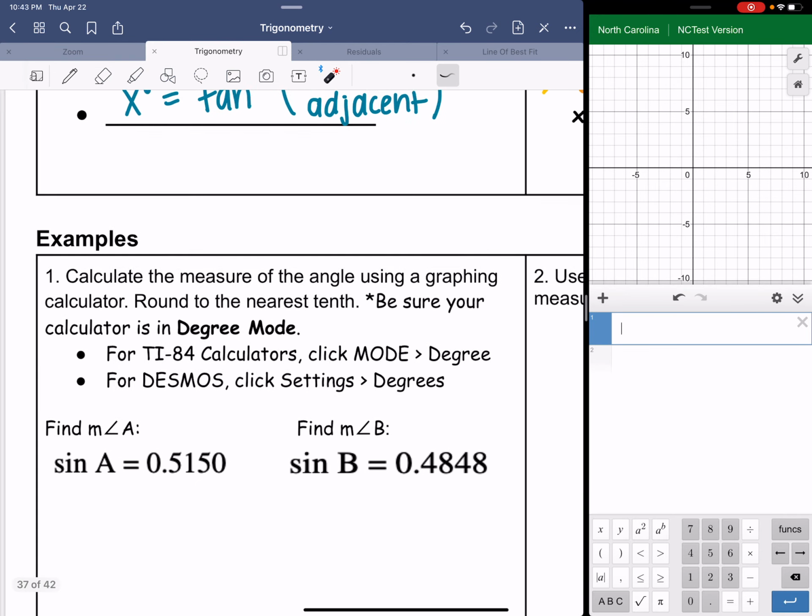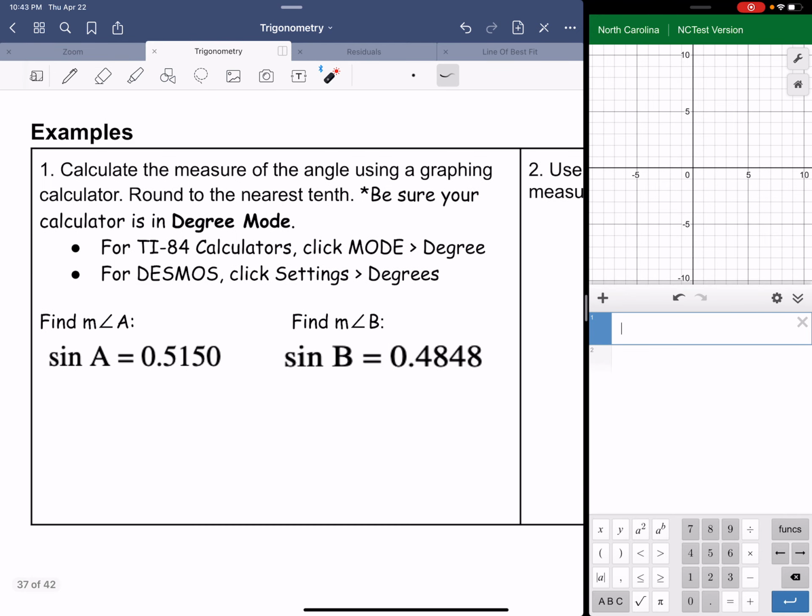All right, let's do some examples, starting with calculating this in Desmos. We'll start with finding the measure of angle A. If we're told that the sine of A is equal to 0.5150, and we want to get A by itself, then we're going to take the sine inverse on the other side. So angle A is going to be sine inverse of 0.5150.